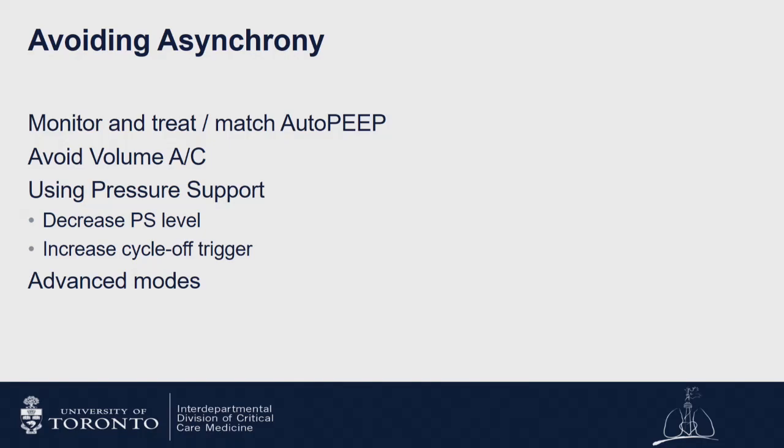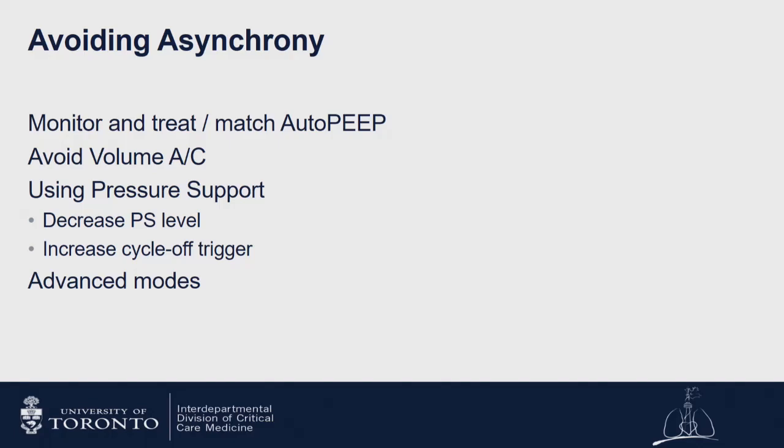So how do we make patients more synchronous? Well, first we can monitor and treat and match auto PEEP. That's the pressure that's inside the chest, again, if the patient hasn't completely breathed out. And we can make the synchrony part of the ventilator happier with that just by setting external PEEP to be relatively close to what the auto PEEP might be.